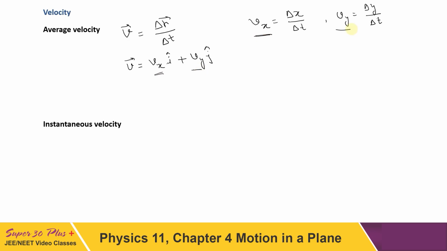That I had written Vx and Vy, so whether these are scalar or vector. As you all must be knowing, components we get with the help of the dot product of a vector with the unit vector along the direction in which we have to take the component. So since it comes from the dot product of two vectors, it has to be a scalar.